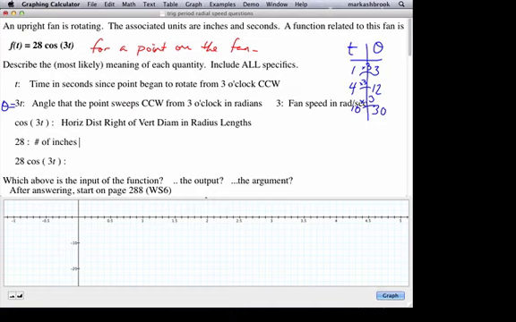Is it arc length being swept out, 28? Isn't that from the origin? Yeah, so it's the number of inches from the center of the fan to the point. So it's a radius, that radius out to the point from the center of the fan.